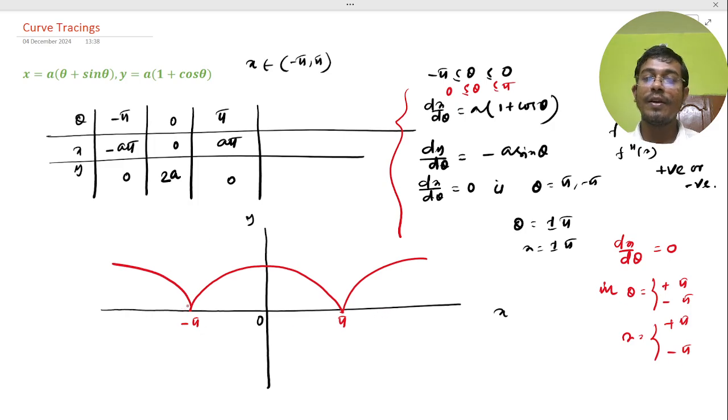Basically that is the characteristic of the parametric equation x equal to a into theta plus sin theta and y equal to a into 1 plus cos theta.